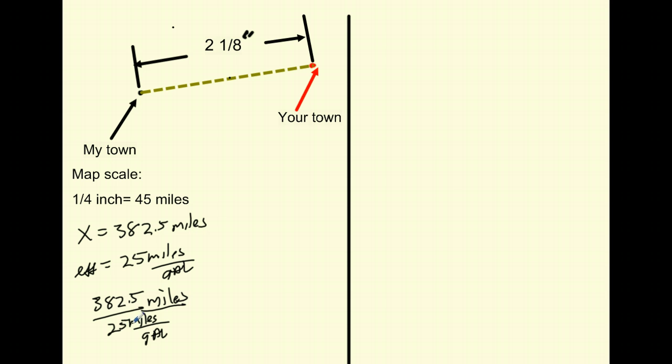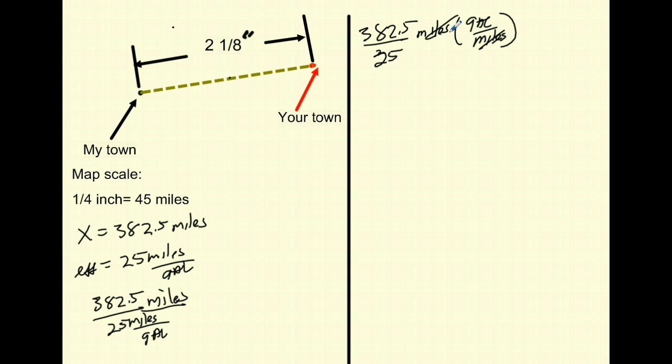Well, miles per gallon is a fraction within itself. So what we do is invert that. So there's 382.5 miles in the top. Then we invert and multiply miles per gallon to get gallons per mile, because that's just a unit fraction.